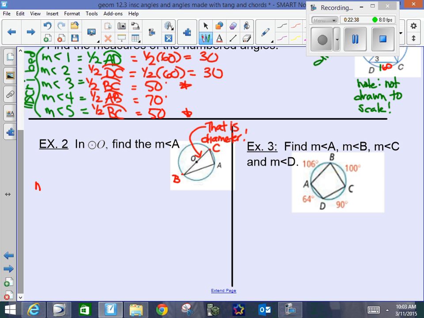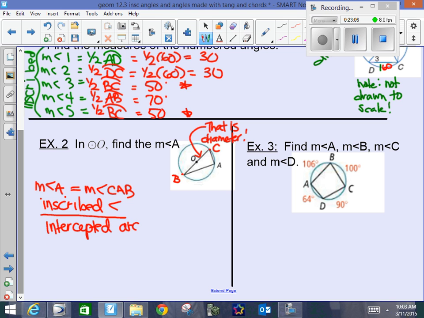All right, what kind of an angle by name? CAB is angle A. What kind of an angle is it? By name. Okay, so what do we need to find? Intercepted arc. That's right. And what is the intercepted arc? It's where it intersects the circle.